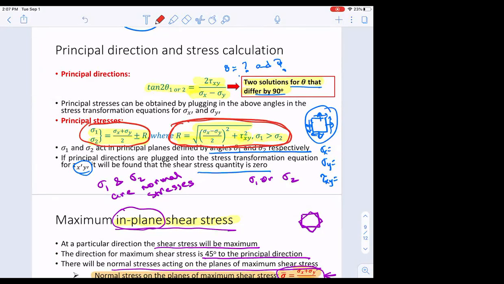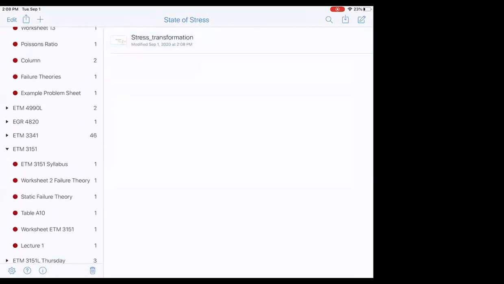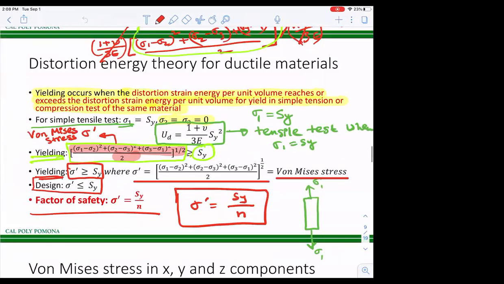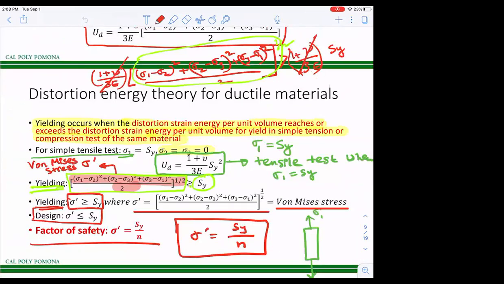Once you know the principal stresses, all you have to do is go back to our final. All you have to do is plug those sigma 1, sigma 2 in this formula.